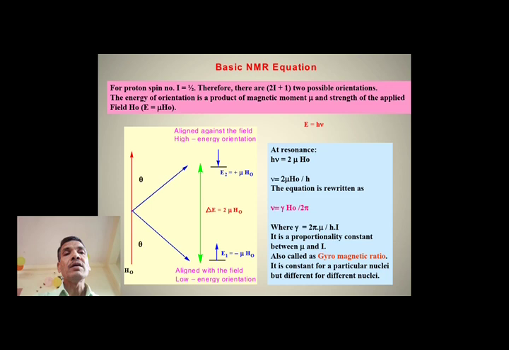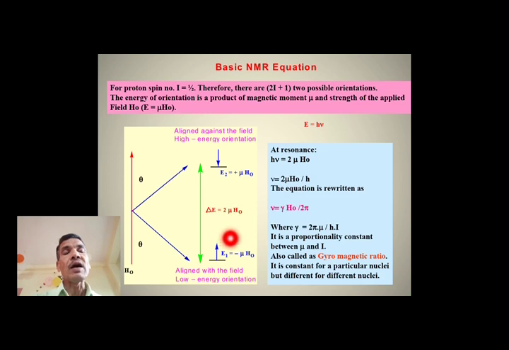If you see the nuclei spinning in the externally applied magnetic field H0, then it gains two orientations: a low energy state and a high energy state. The low energy state generates its magnetic moment aligned with the direction of the externally applied magnetic field.